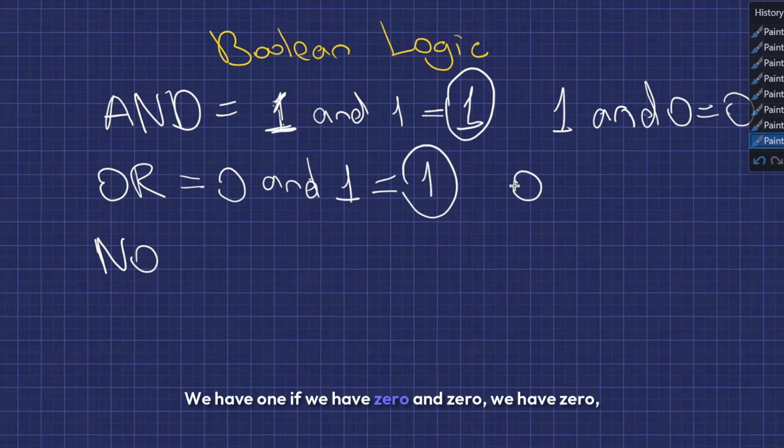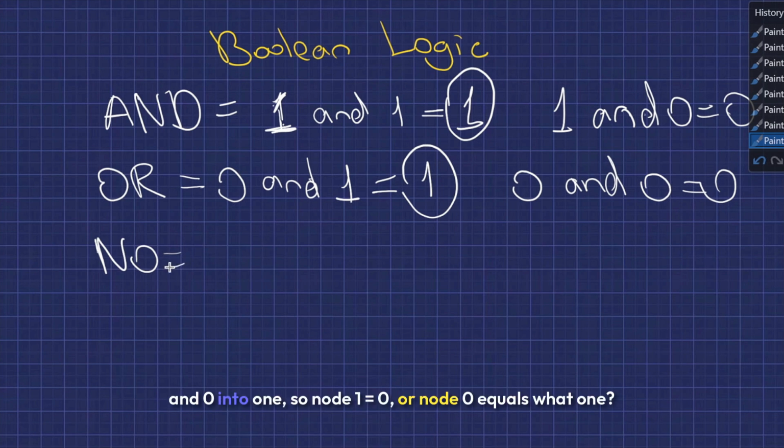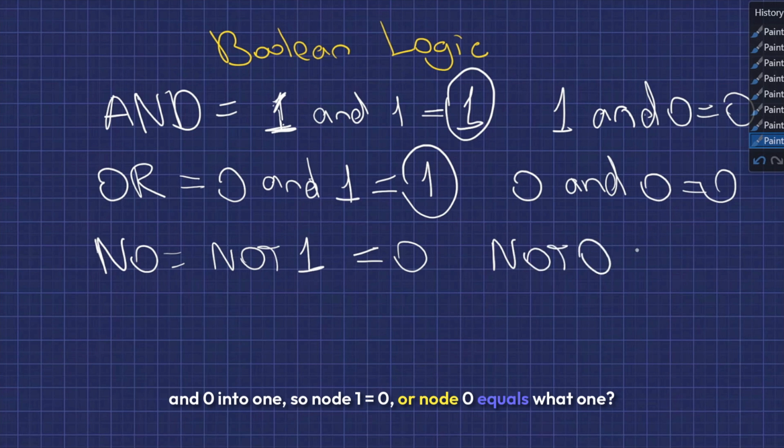If we have 0 and 0, we have 0. And NOT inverts the input, turning 1 into 0 and 0 into 1. So NOT 1 equals 0, and NOT 0 equals what?